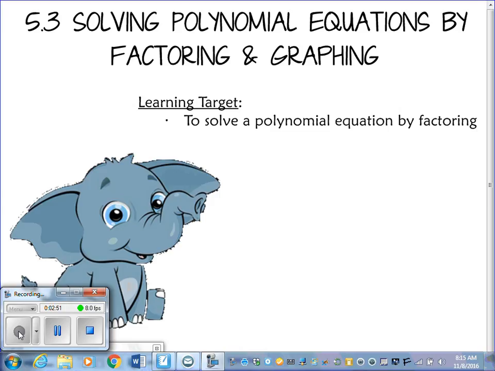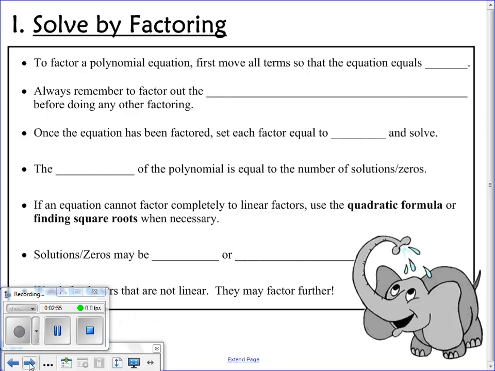All right, so here we go, guys. So we're looking at factoring for today. Step by step through here. To factor a polynomial equation, first move all terms so that the equation equals what? 0. Always remember to factor out the GCF before doing any other step.